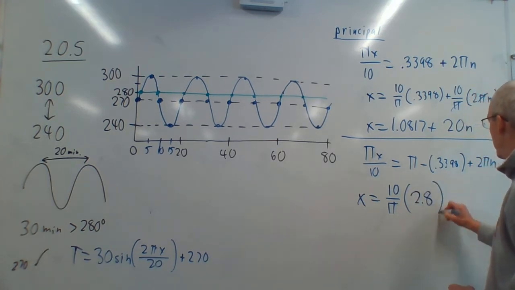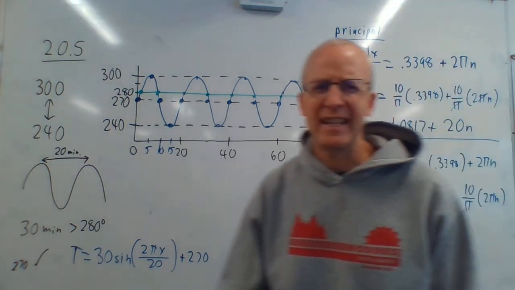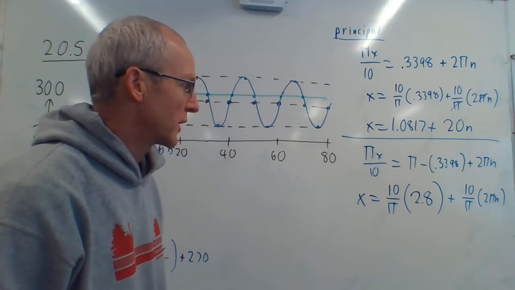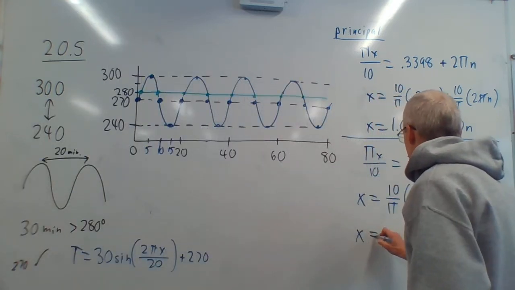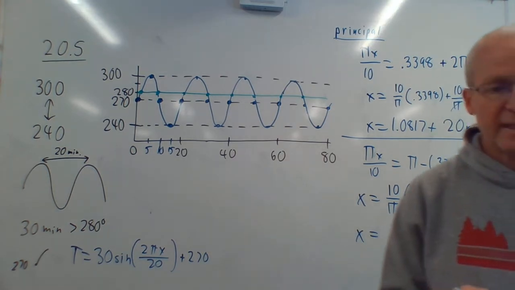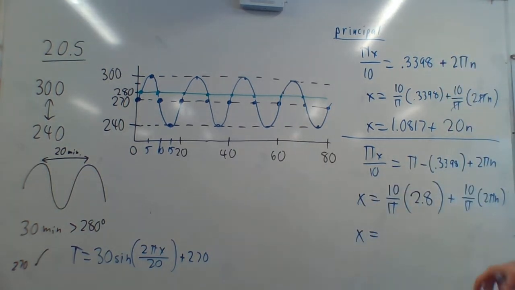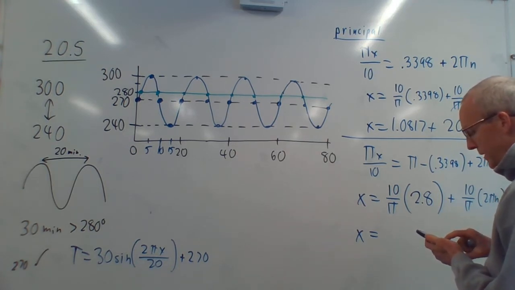That's easy. 2.8 plus, again, same thing over here. This is always going to give you the same thing. Whatever you get here, 20n, we know we're going to get 20n down here too, so that's nice. You can check your work. It's this number that's going to be different. Okay, so finally we have x is 10 over pi times that.